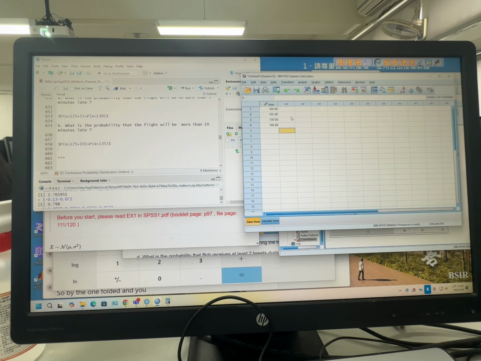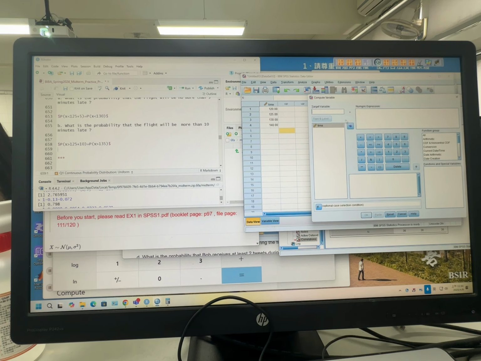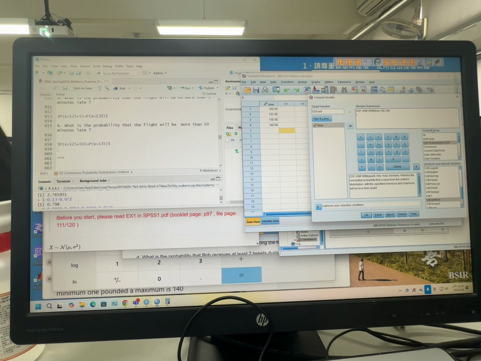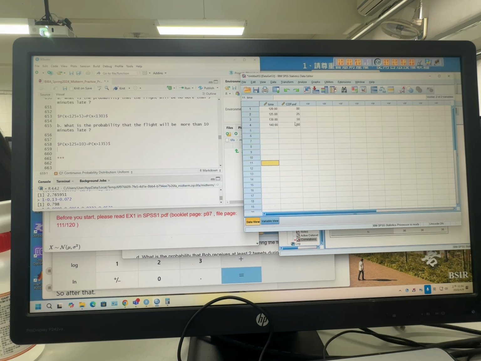You are going to use it to compute the variable by CDF uniform. Then do the CDF and the uniform, with the time variable here: the minimum parameter is 120, the maximum is 140. After that, we get its value.